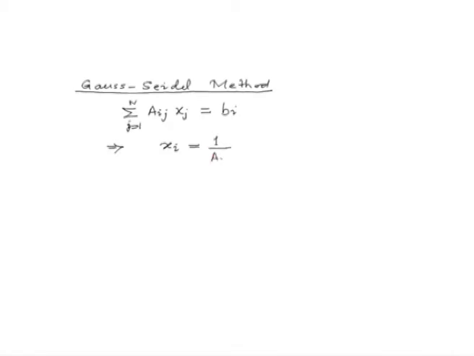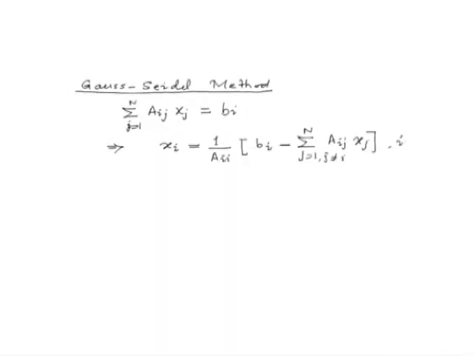So 1 by a_ii (b_i minus sigma j is equal to 1, j not equal to i, to n a_ij x_j). So when we used the values at the previous iteration, that is sometimes also referred to in Jacobi iteration, we are trying to annihilate the residual involved in the ith equation by using the values at the previous iteration level.